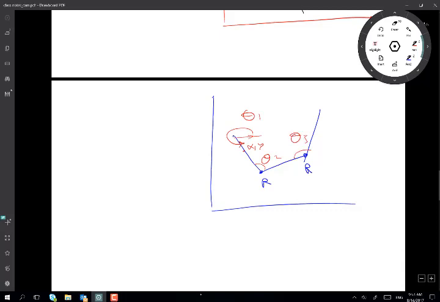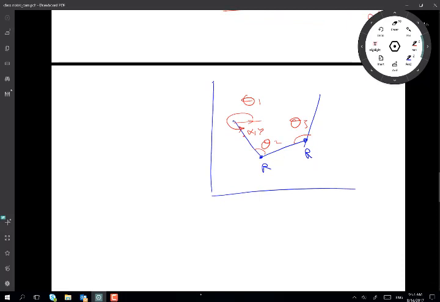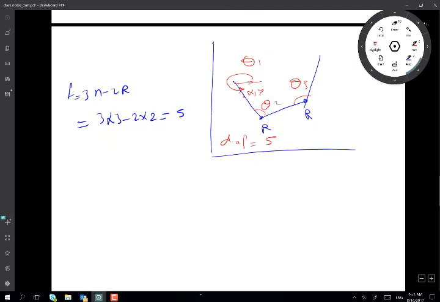So degrees of freedom now is equal to 5, correct? So my equation is going to work nicely. I'm going to say F is 3n minus 2r, so it's 3 times 3 minus 2 times 2, and that's 5. Okay, so that's magnificent.